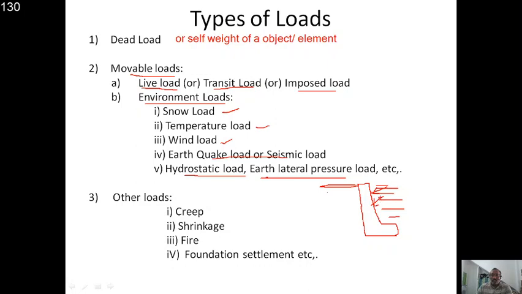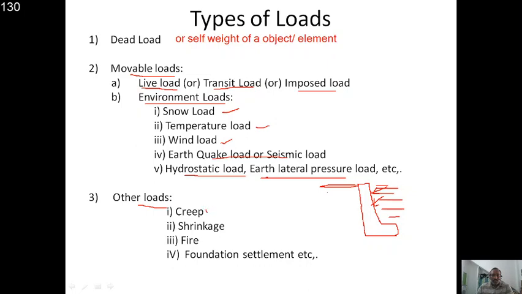So this soil pressure has to be taken while designing this retaining wall. Hence, depending upon your usage, whichever load is acting on the structural element has to be taken care of, right?